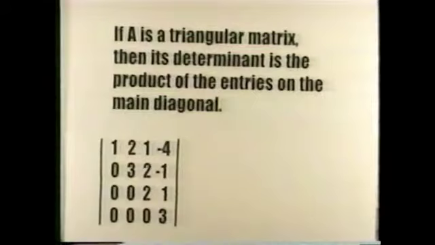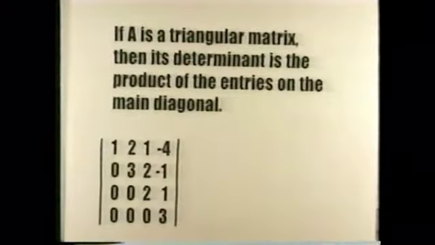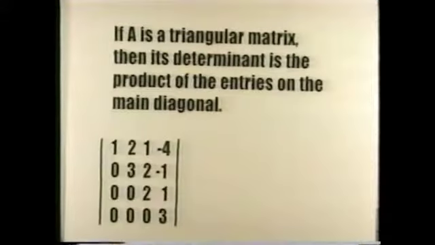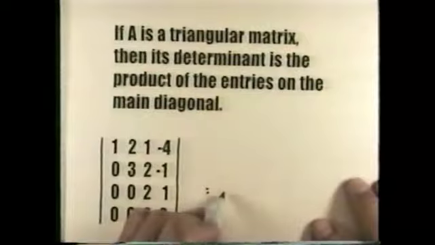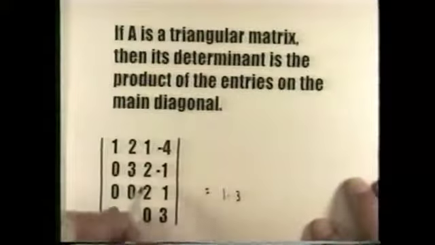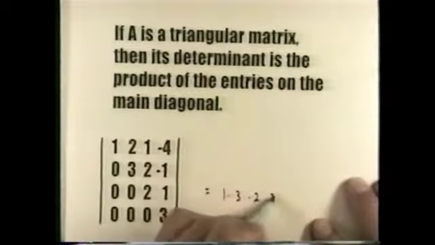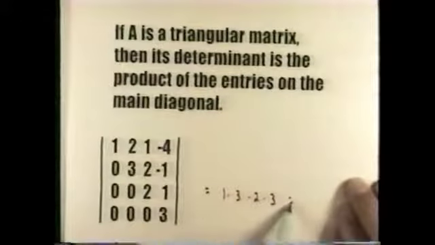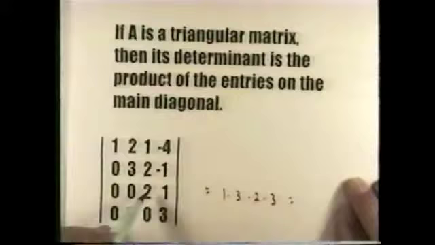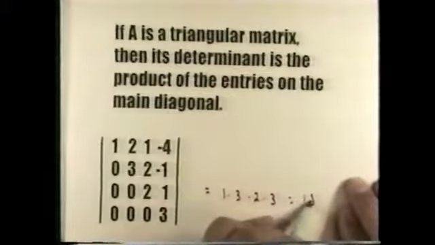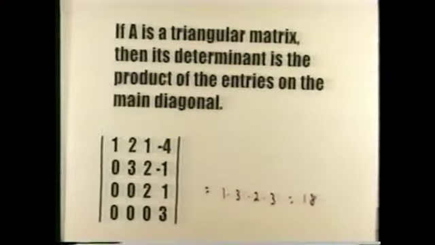So this determinant is just going to be 1 times 3 times 2 times 3. 1 times 3 is 3. 3 times 2 is 6. 6 times 3 is 18. That's all there is to it.